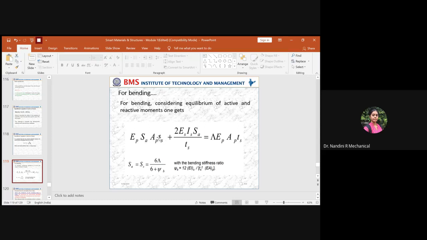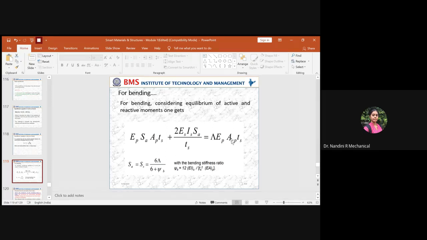You cannot omit the thickness of the substrate and show only the values of piezo. Similarly, when you show the value of the substrate, you cannot show only the substrate value. You should show the strain induced across the actuator also, because there will be an interface between the actuator and the substrate. So this will be the equation.